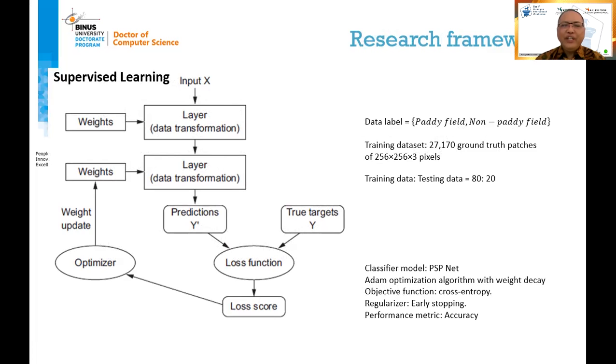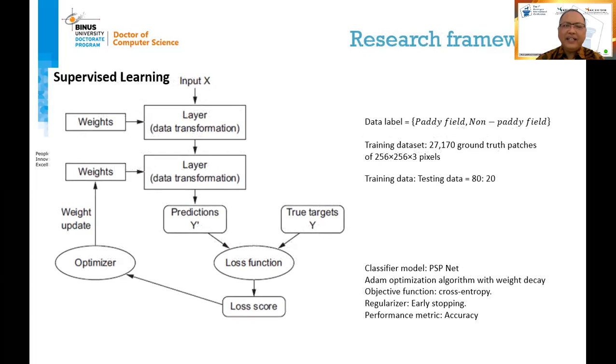In this study, we explore the Pyramid Scene Parsing Net, sometimes called PSPNet. This model is trained using the Adam optimization algorithm with weight decay, and the objective function is cross entropy.